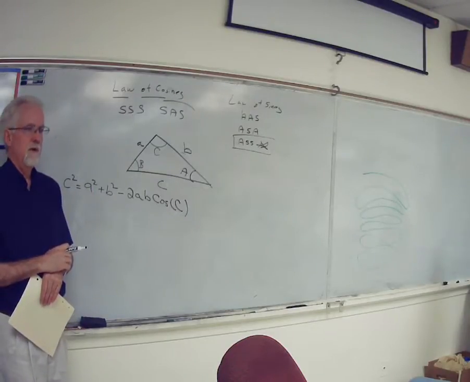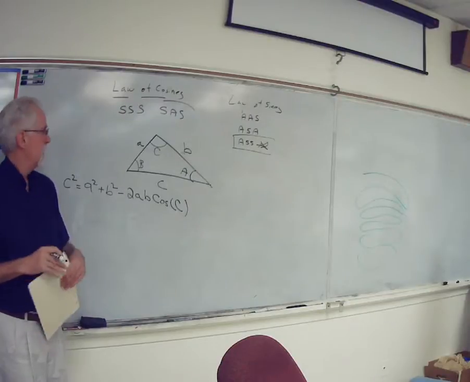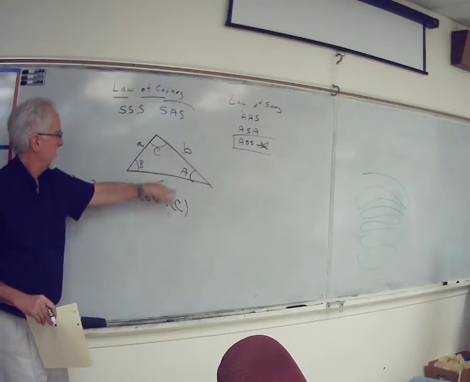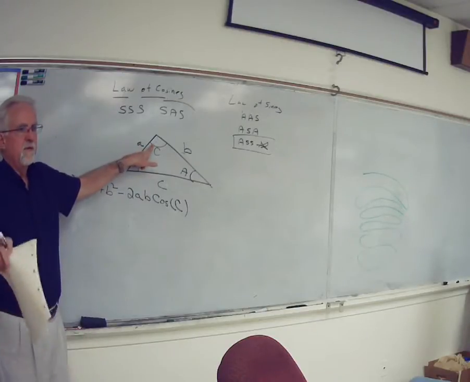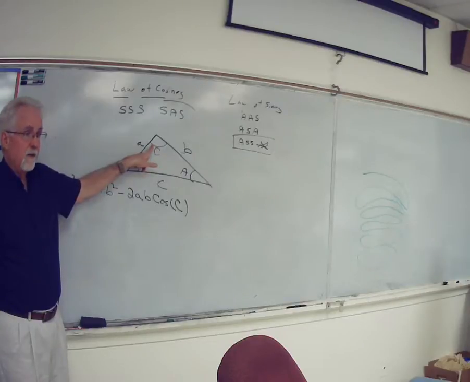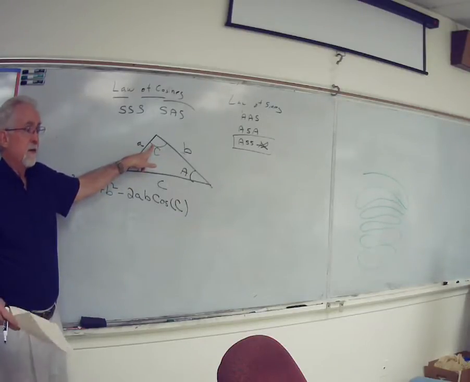What if C was what? This one. What would make this a special triangle? If C was 90 degrees, then this would become a right triangle.